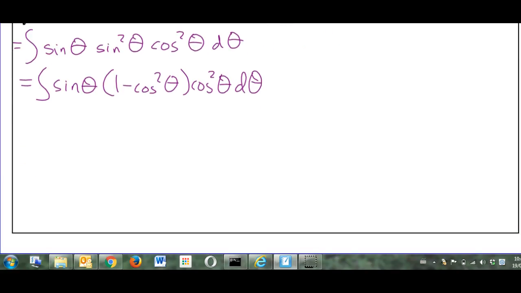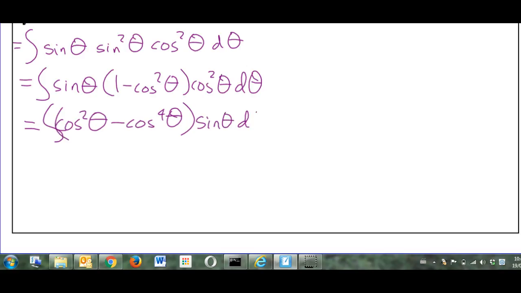So at this point, well, we can stick this cos into there. So let's write this. We're going to get, expanding this, a cos squared theta minus cos to the fourth theta, and that will be times sine theta d theta.